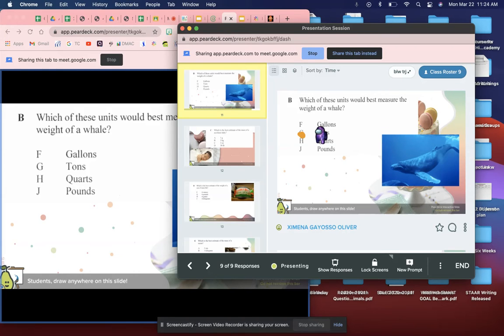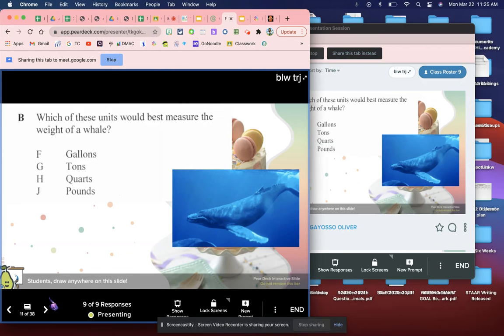Now, some of you guys, as you can see on there, nos dijo galones and quarts. Gallons and quarts, boys and girls, it's when we're measuring water. El galón de la leche. We're not measuring liquid. We want to know the weight of the whale. Okay? So be careful with that.